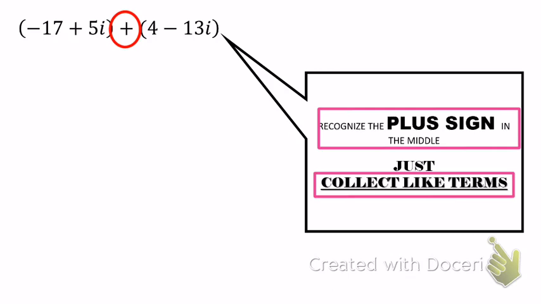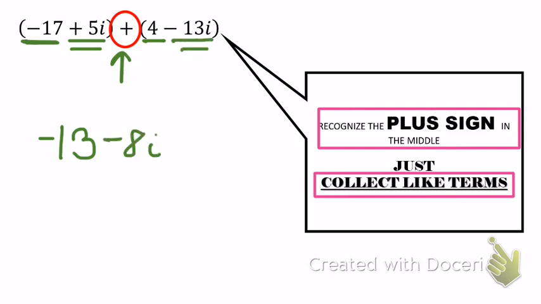The negative 17 plus 4 is negative 13. 5i plus negative 13i is negative 8i. So all we're doing is collecting like terms. That's all we're doing. That is my final answer.